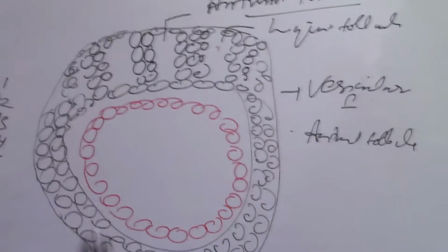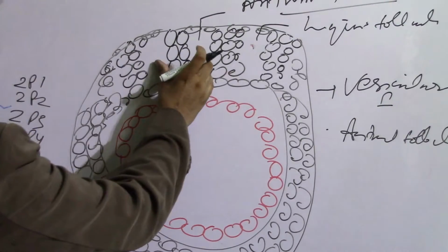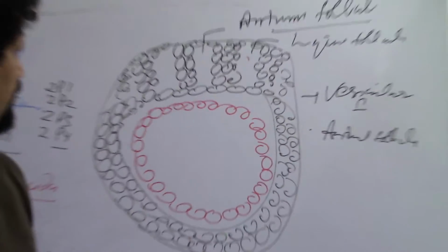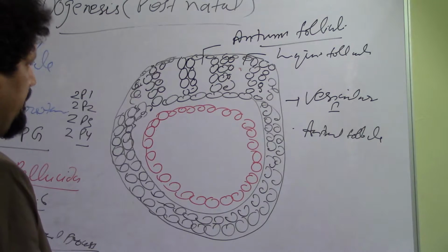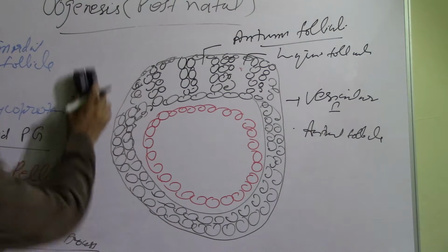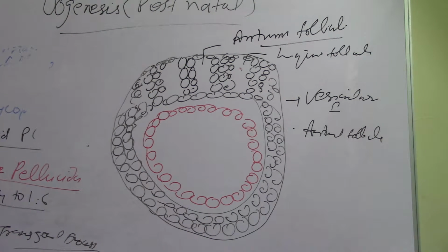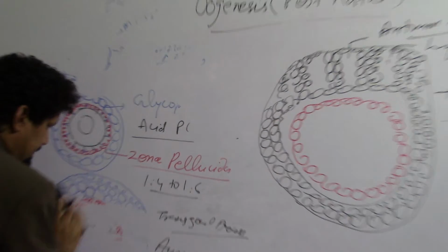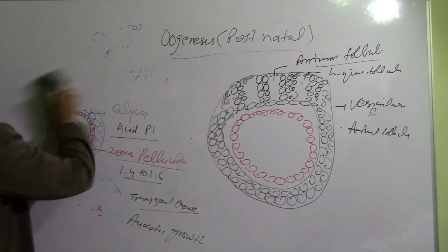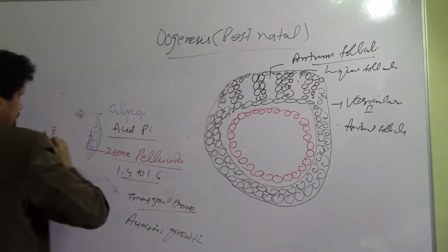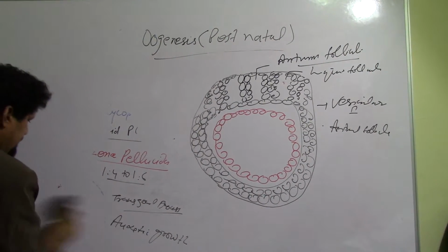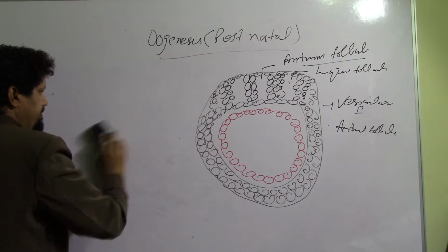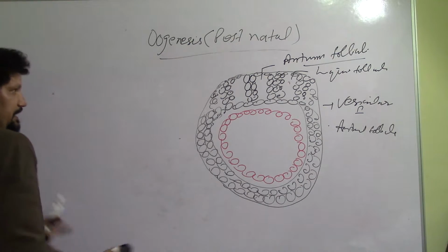As the time passes by, these antrum or vesicles coalesce and form a single large lake or cavity. The structure of follicle after coalescence and formation of a single lake of fluid, the structure of the follicle will be like this.